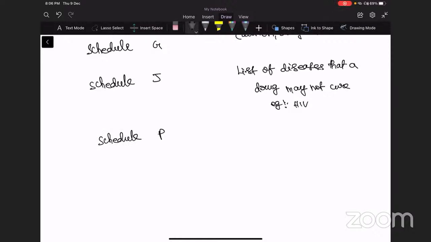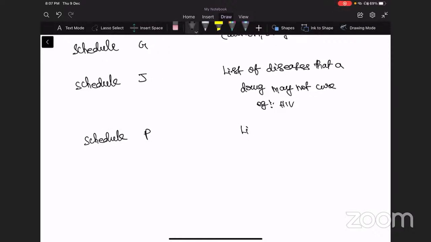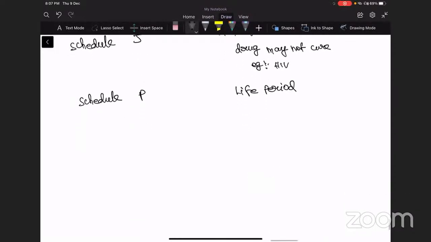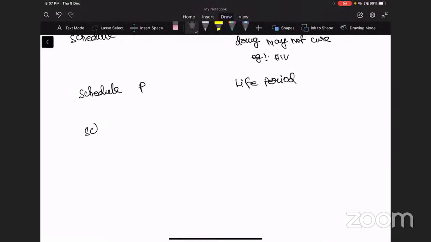Schedule P is regulations regarding the life period and storage of various drugs. Schedule W is also important. It's drugs that are marked under generic names.